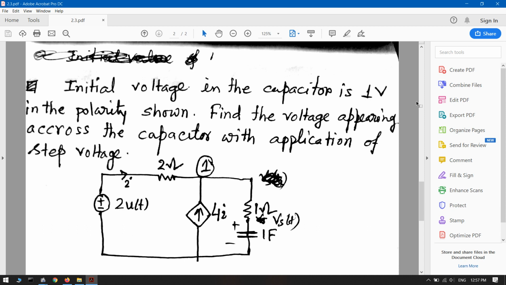I am giving some clue how to solve. See in this figure, I have marked node 1. At node 1 we have to apply KCL, and again at the last node we have to apply KCL.